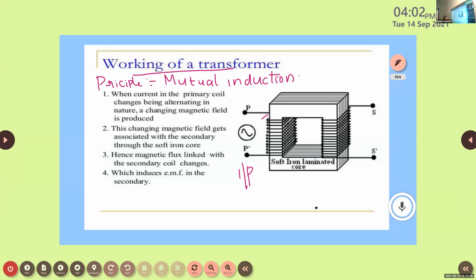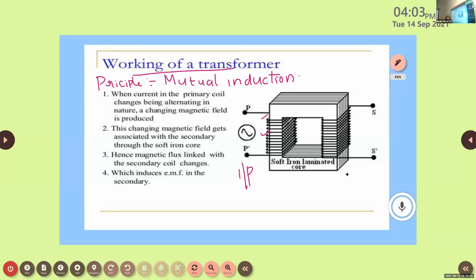Whenever we apply a current into the input end, the magnetic field associated with this primary coil changes. This change in the magnetic flux causes a change in the secondary coil also, because they are connected by a soft iron laminated core. Whenever the magnetic flux associated with the secondary coil changes, it induces an EMF.